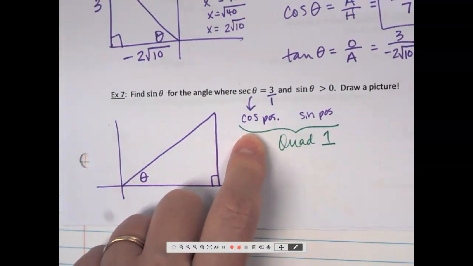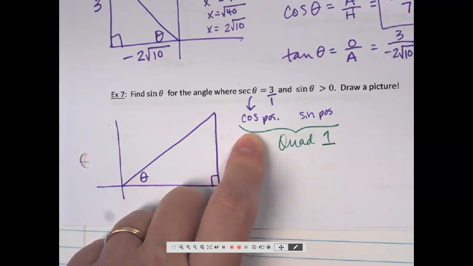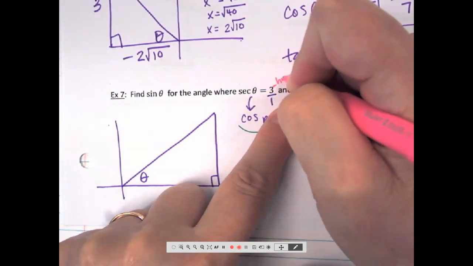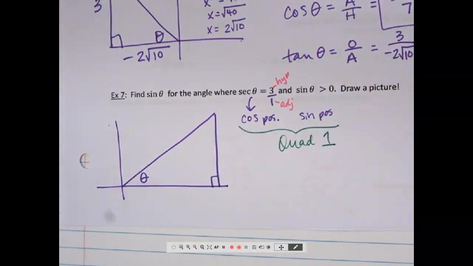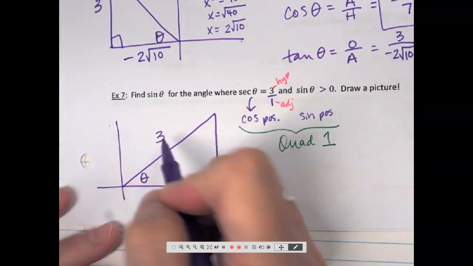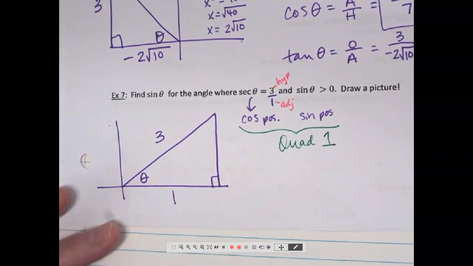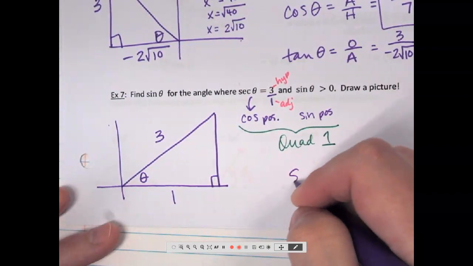Cosine is whatever over what? Adjacent over hypotenuse. So this is hypotenuse over adjacent. Okay, so I'm going to label hypotenuse 3, adjacent 1, and I'm looking for sine.